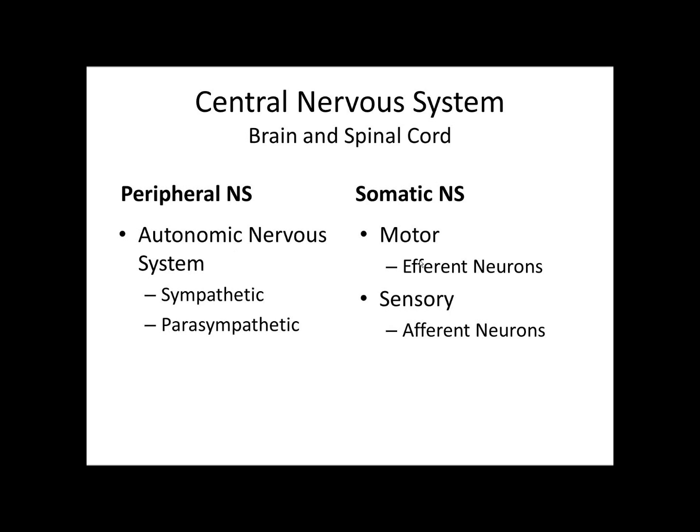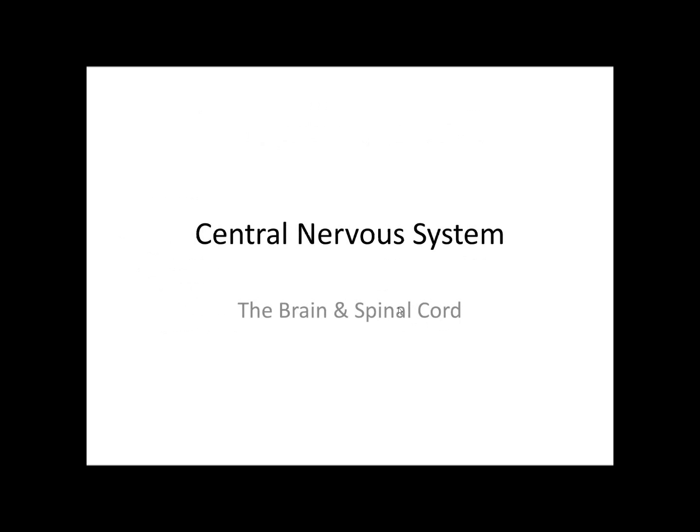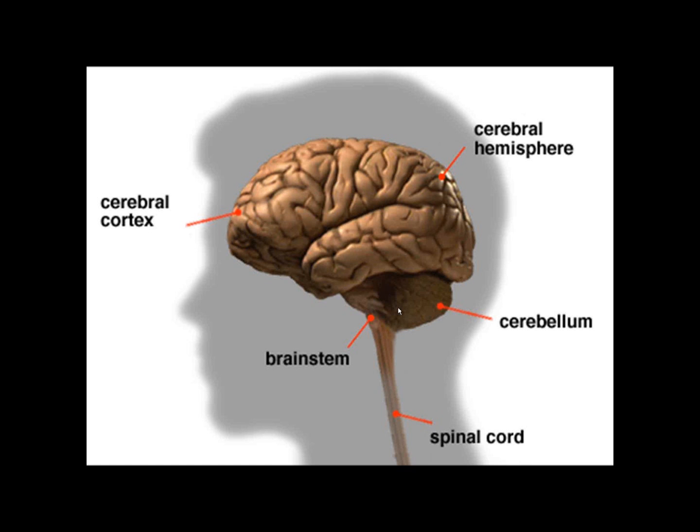And then the somatic nervous system that branches out into the motor neurons, which are the efferent neurons, and the sensory neurons, which are the ascending afferent neurons that come from the periphery of the body into the brain. The central nervous system, brain and spinal cord, we have the cerebral cortex, of course, cerebral hemispheres, one side and another. We have the brain stem, the cerebellum, the spinal cord.